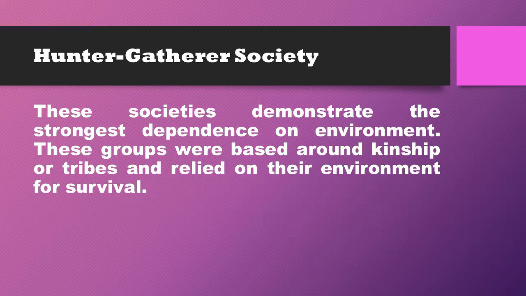Because resources were very scarce, the group moved to a new area to find sustainability of their resources. So this led them to be nomadic, meaning that they don't have permanent settlement. So they were moving from one place to another in search of food.